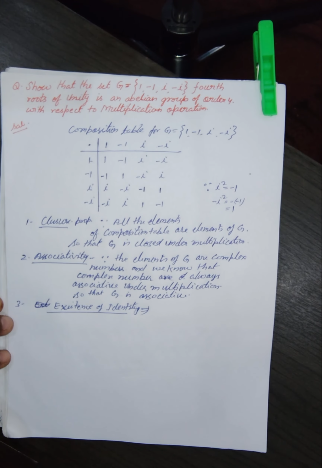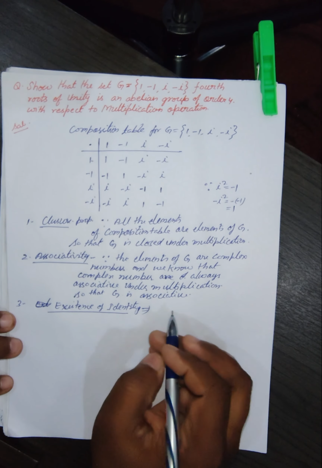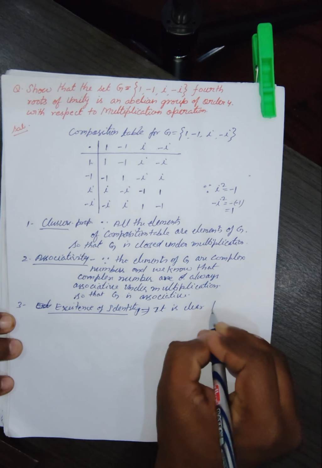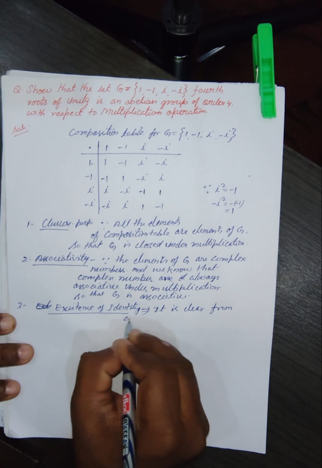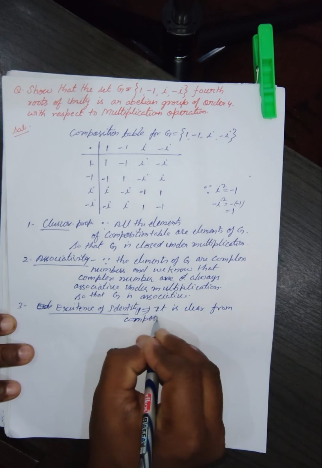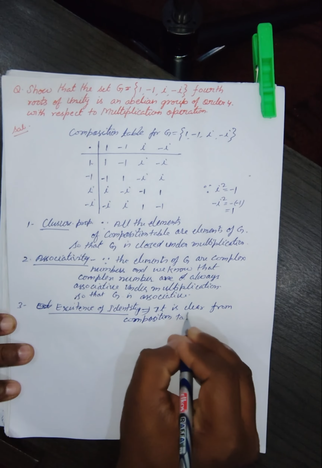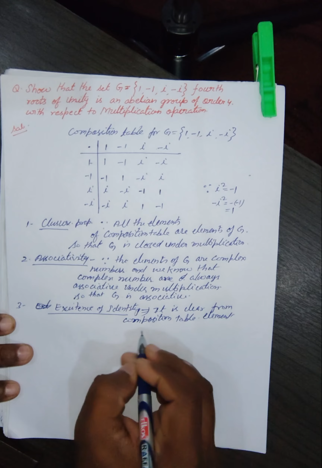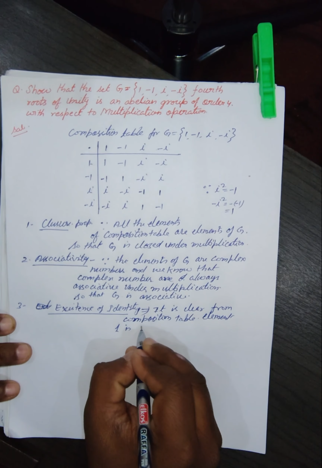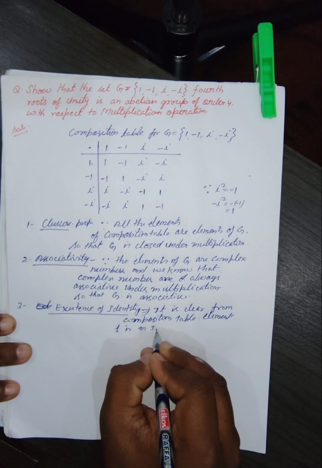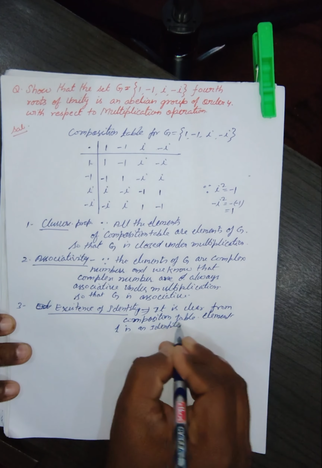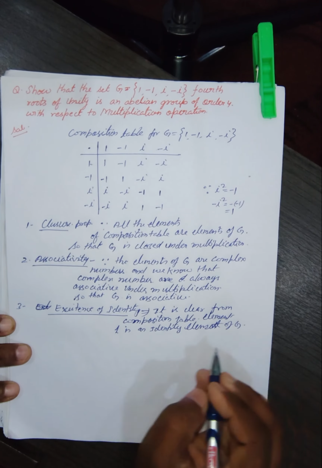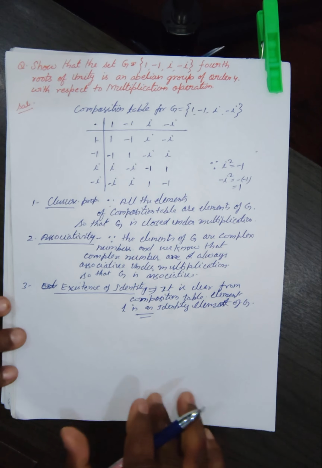So 1 is the identity element of G. It is clear from the composition table that element 1 is an identity element of G. So identity exists in G.